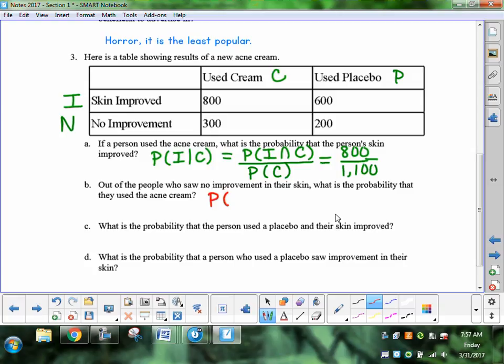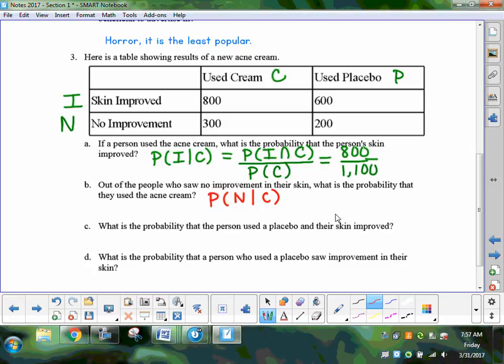So probability of no improvement given that they did what? That they used the cream. So probability of no improvement given that they used the cream. So that's what the setup needs to be. If you are not writing that down, write the whole thing down. Now, what is this going to look like, Jack? How would we compute it out?